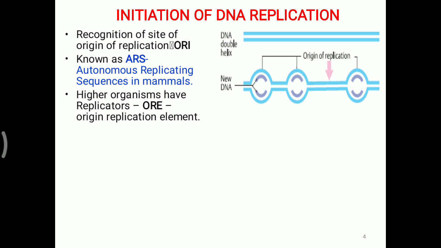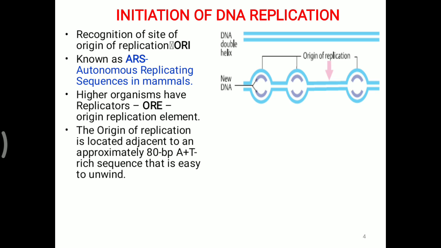Higher organisms have replicators, called ORE, the origin replication element. In our body too, it is considered ORE. Now this origin of replication is located adjacent to an approximately 80 base pair region that is rich in A-T sequence, which is easy to unwind.